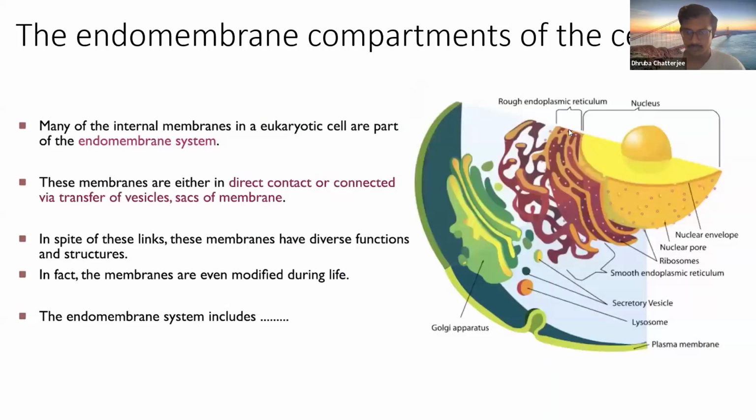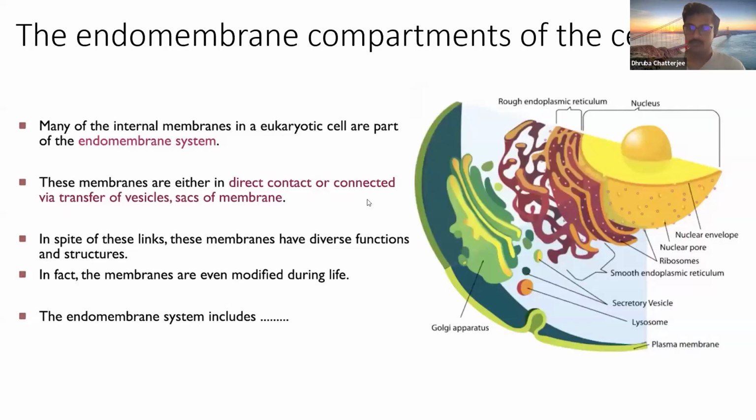The endoplasmic reticulum, as we had also seen earlier, is continuous with the nuclear membrane, right? The nuclear membrane is a double membrane-bound structure, and it runs continuous with the endoplasmic reticulum. And there is a different set of stacked membranous structures which together form the Golgi apparatus.